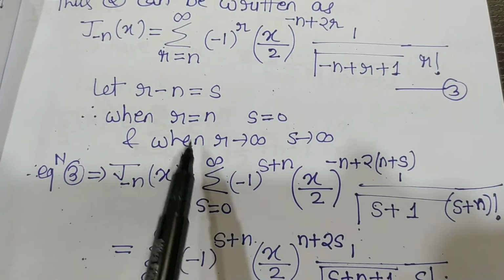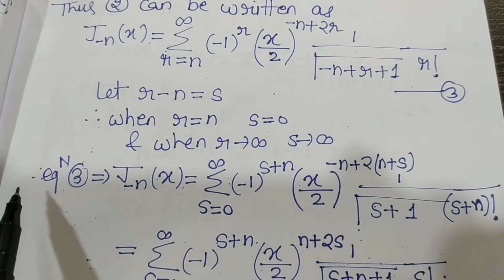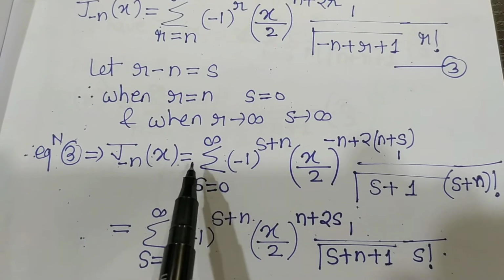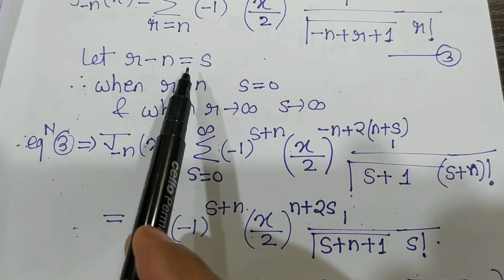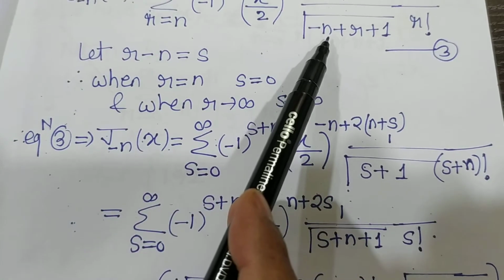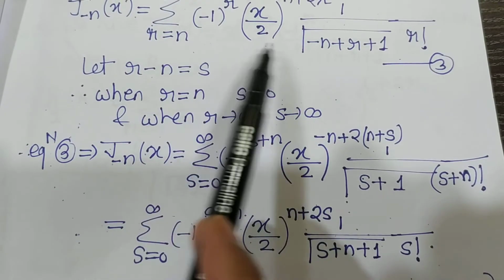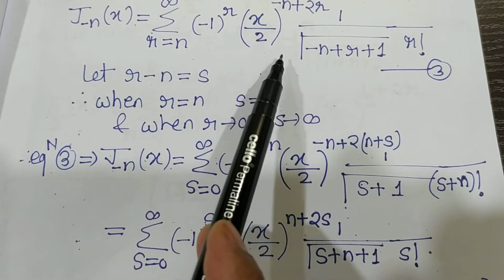And when r takes the upper limit, s takes infinity. Therefore, equation 3 changes to the following. Remember, this substitution needs to be used only for solving the summation, so changes should be done only on the right hand side, whereas the left hand side remains unchanged.